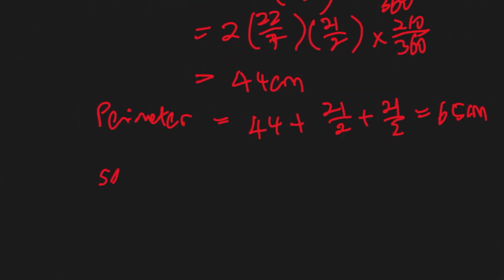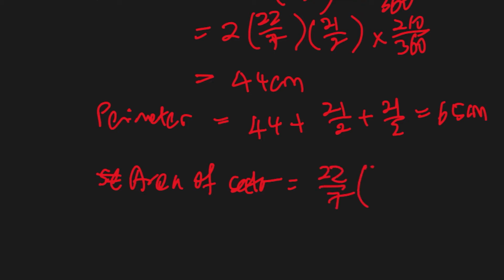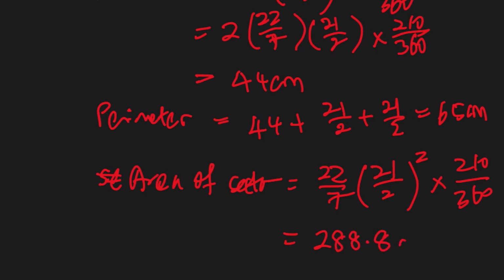So the area of sector will be pi r squared, in this case 22 over 7, times 21 over 2 squared, times 210 over 360. So we're just going to look at it as one whole sector by itself, okay? And you have the answer as 288.8 cm squared.